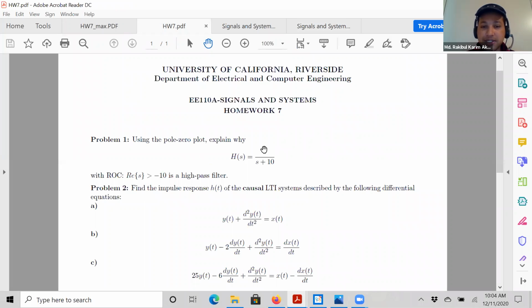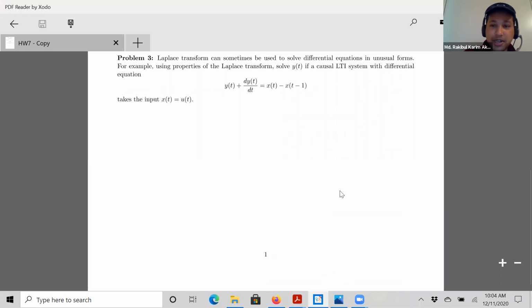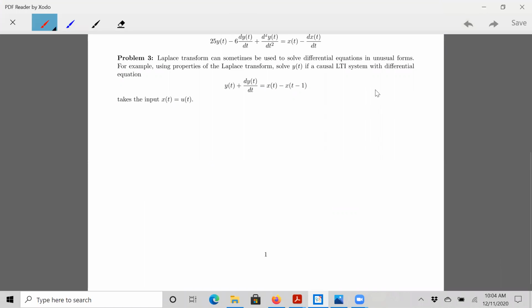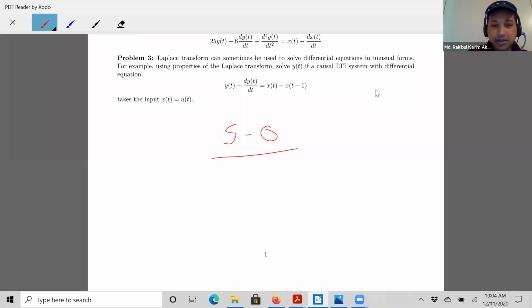So here only s. That means it's actually s minus 0. And s plus 10, that means s minus minus 10. So if we write it, it will look like s minus 0 and s minus minus 10.